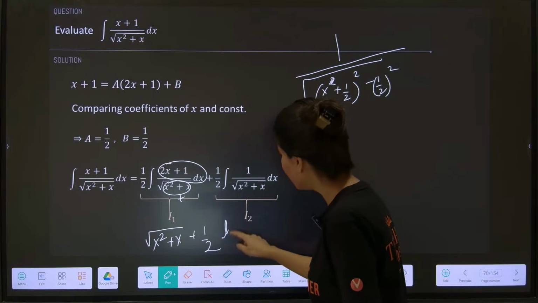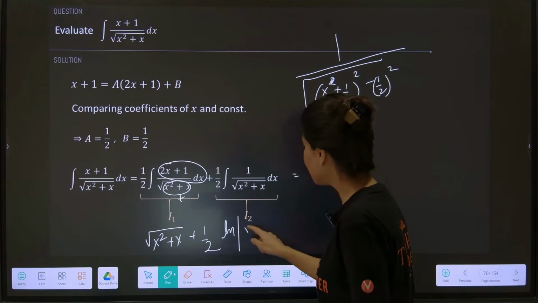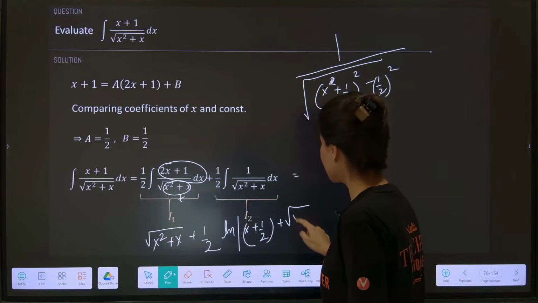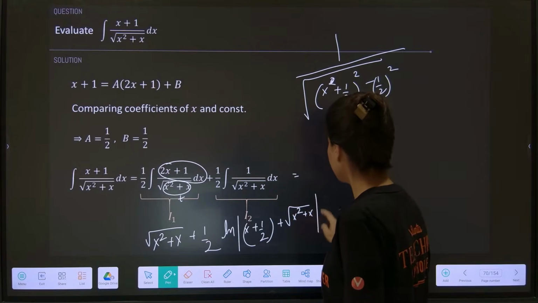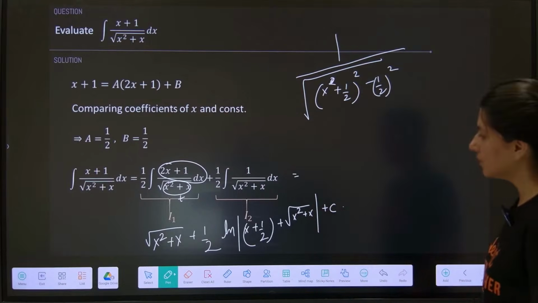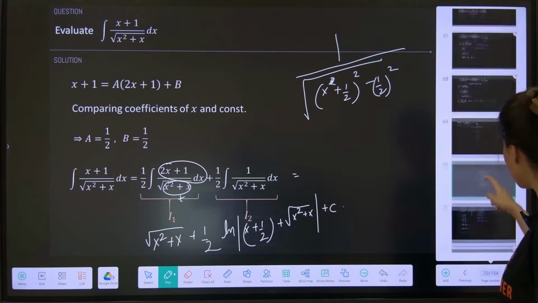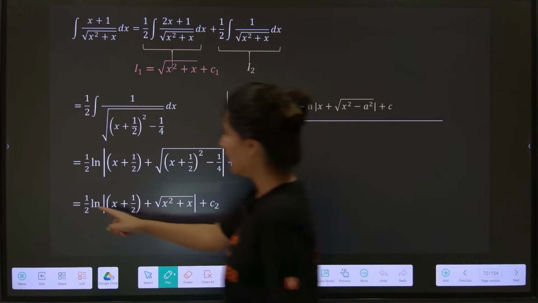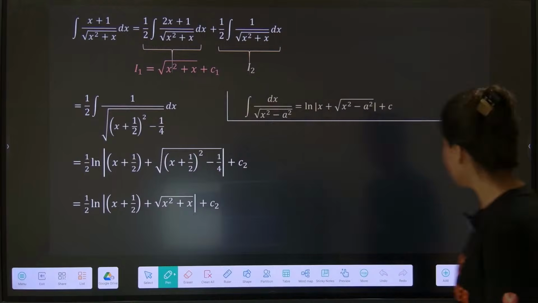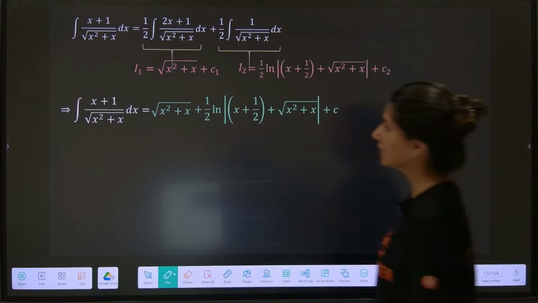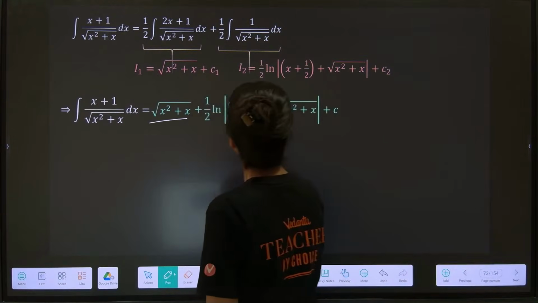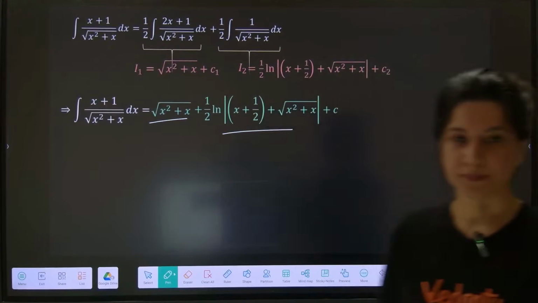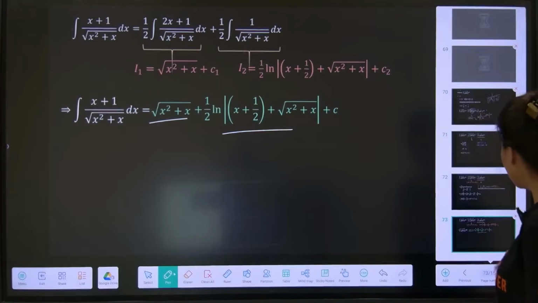Log of mod of x plus, copy paste, here x is x plus half, plus copy paste. This is how the problem is going to be. I'll show it to you also. See, half log this. This is your final answer, right? I told you, no? This and this. Okay, clear?